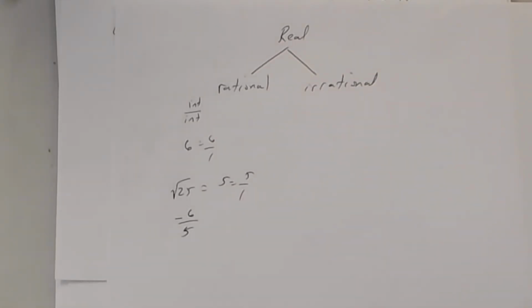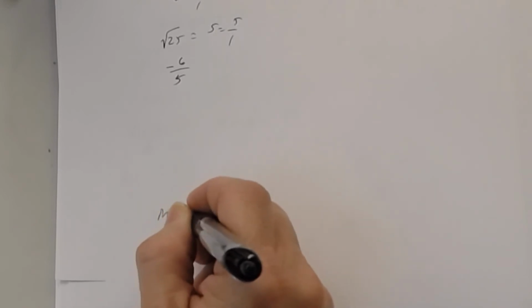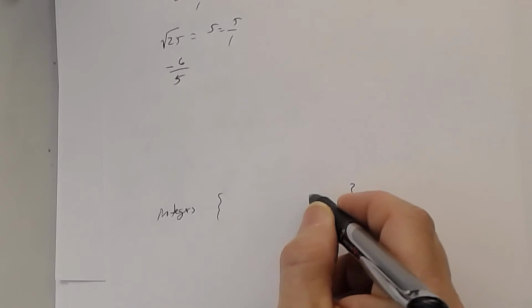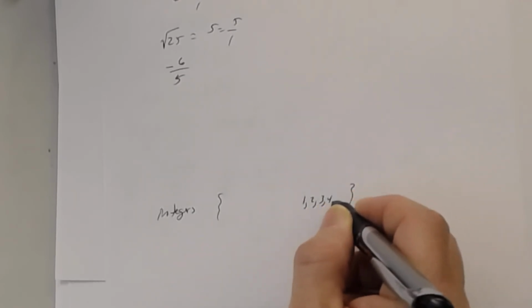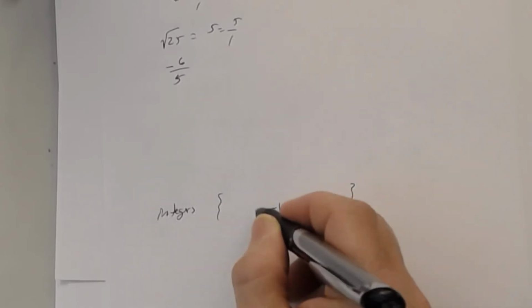Remember, your integers are your whole numbers, 1, 2, 3, 4, and so on, 0, and the negative whole numbers, and so on. Okay, so those are your integers.